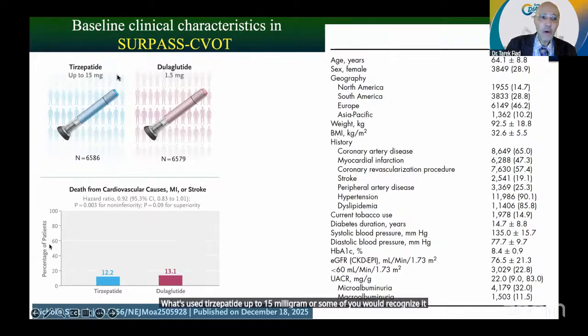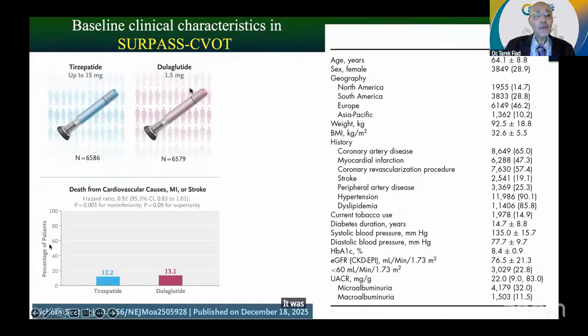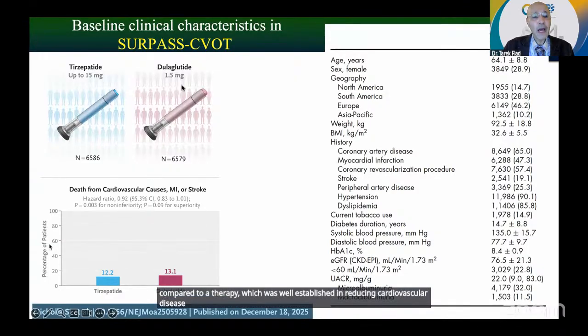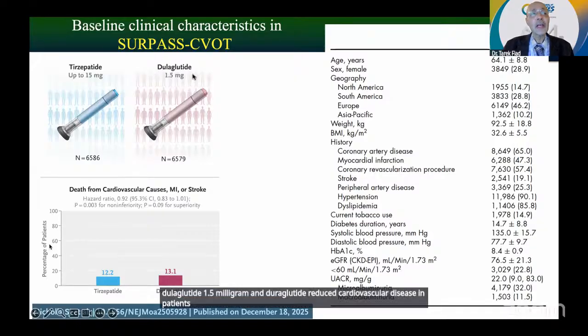as Mounjaro therapy. It was compared to a therapy which was well established in reducing cardiovascular disease, dulaglutide 1.5 milligram, and dulaglutide reduced cardiovascular disease in patients with and without pre-existing cardiovascular disease.